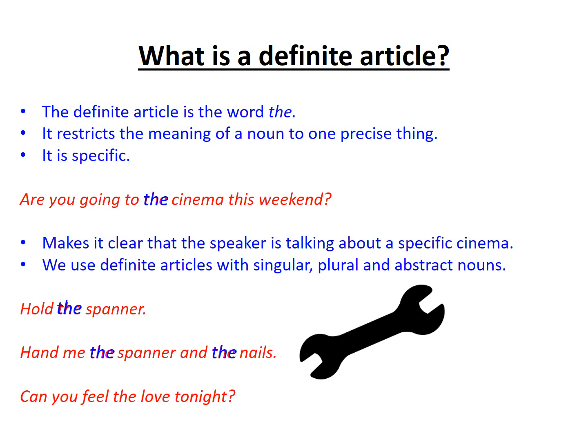And finally, if I were to ask, can you feel the love tonight? I'm talking about an abstract concept, love. But I refer to it as a definite, tangible feeling because in this specific moment, I'm referring to one specific emotion or feeling. That's why we use the definite article the.